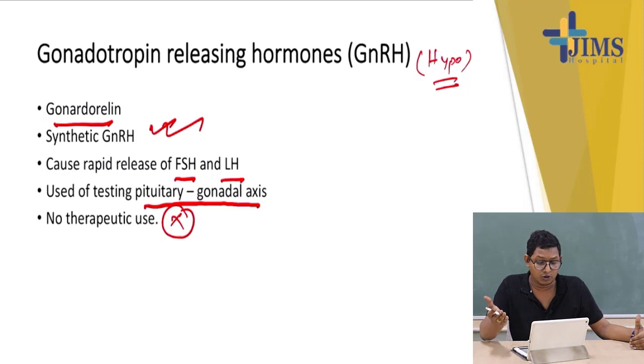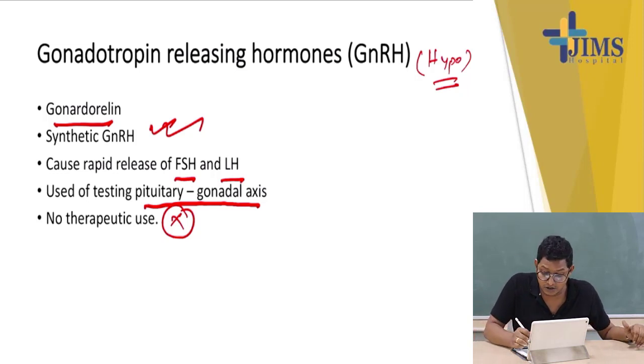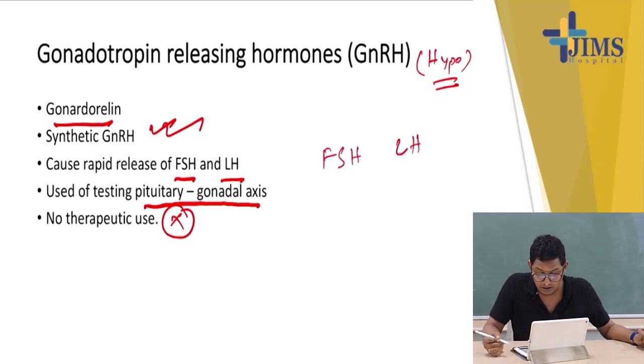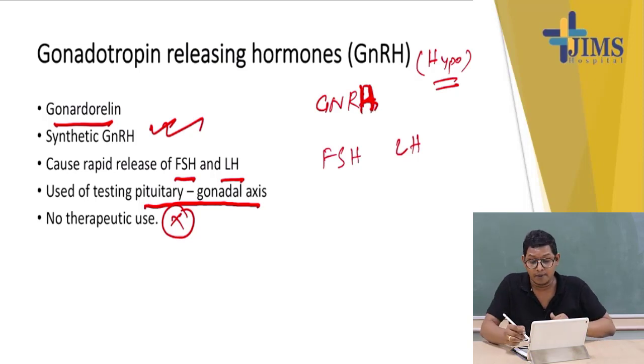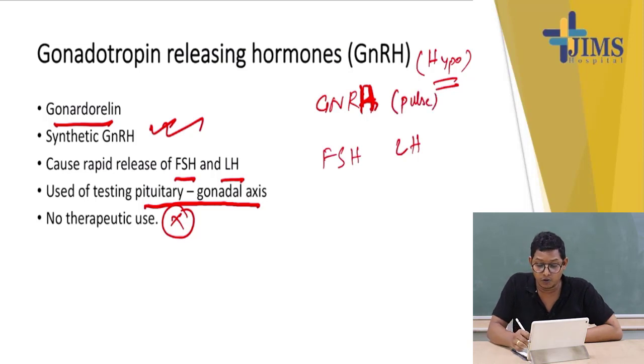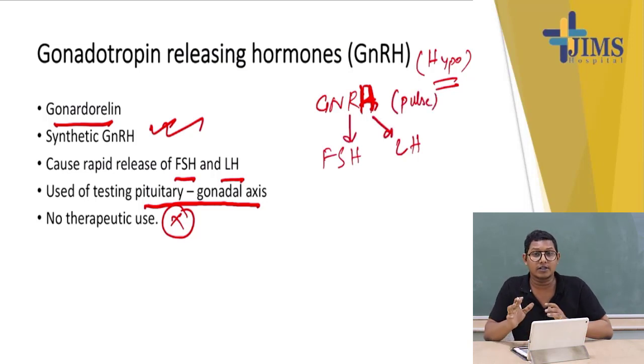Moreover, the release of gonadotropins by gonadotropin releasing hormone depends upon pulsatile release. So whenever there is a pulsatile release of gonadotropin releasing hormone, we see gonadotropins.